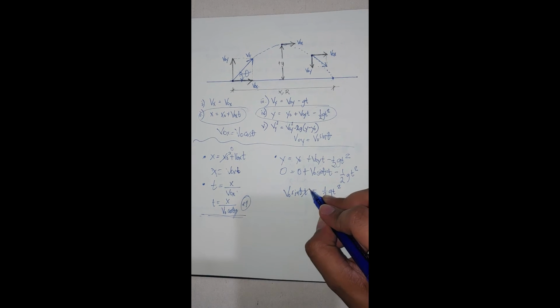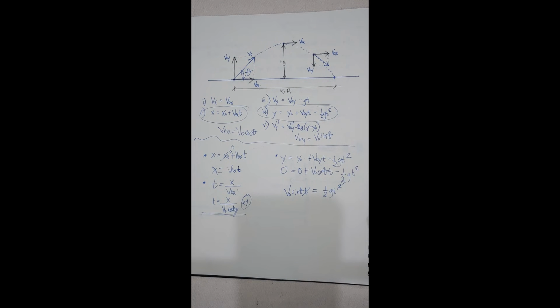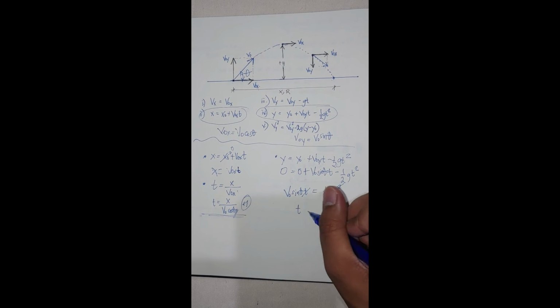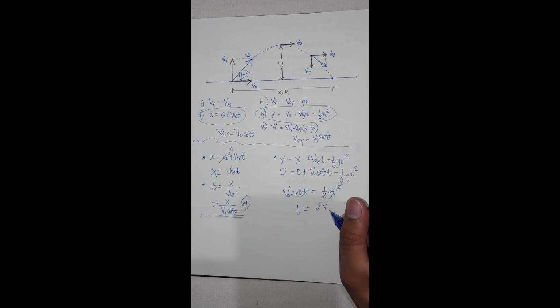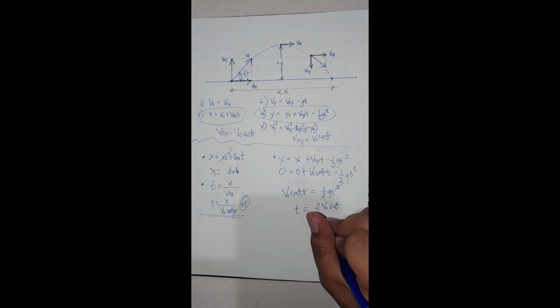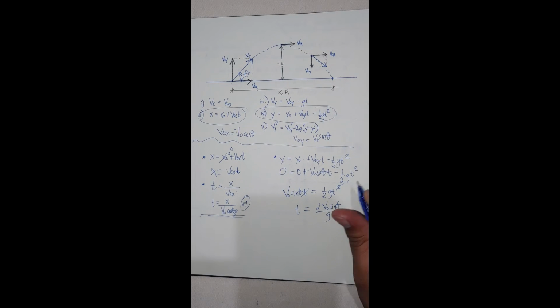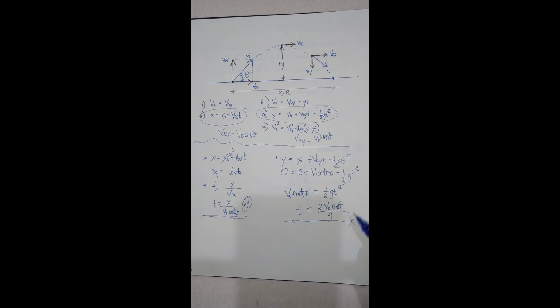So na t ma-cancel ni siya, solve for t. So kani siya multiply the whole equation by 2 and then divide the whole equation by the gravity. We have our equation 2, that time is just equal to twice the initial velocity sine theta over the gravity. So this is our equation 2.